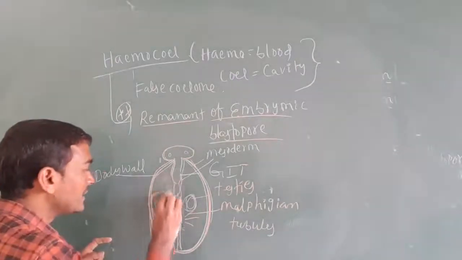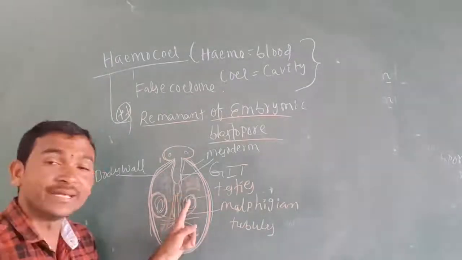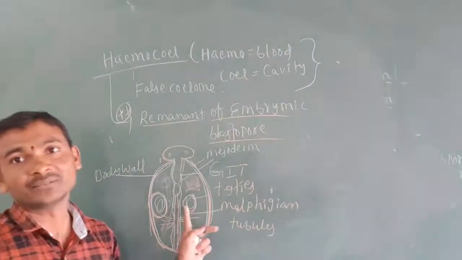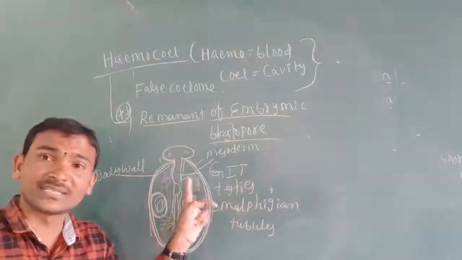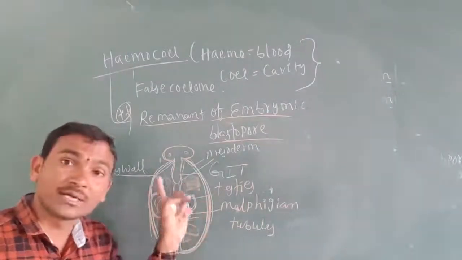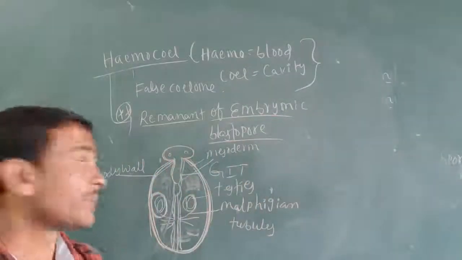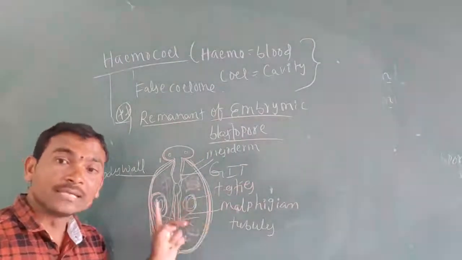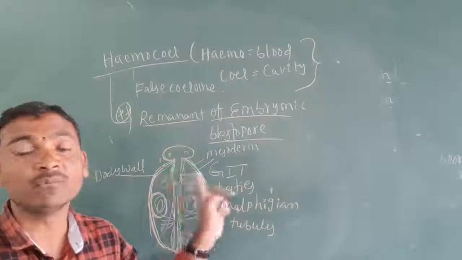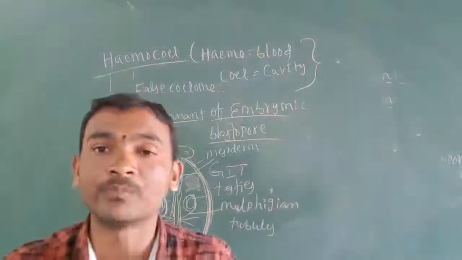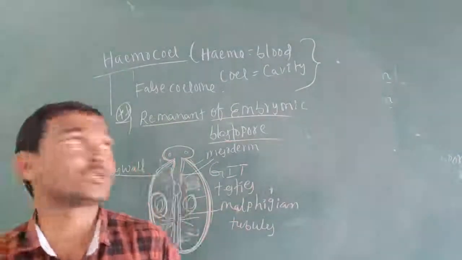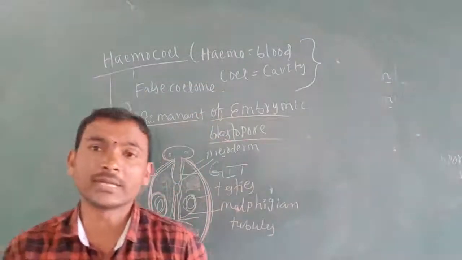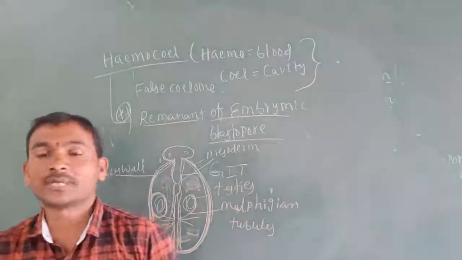This is completely filled with blood. At first the space is there, that's why it is a true coelom. But during the course of development the coelom is restricted only to the genital organs. That's why the hemocoel is a false coelom. This is very, very important. This is the complete information about the body cavity and the coelom. Thank you, one and all.